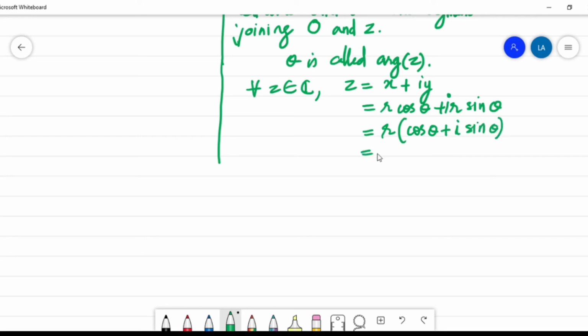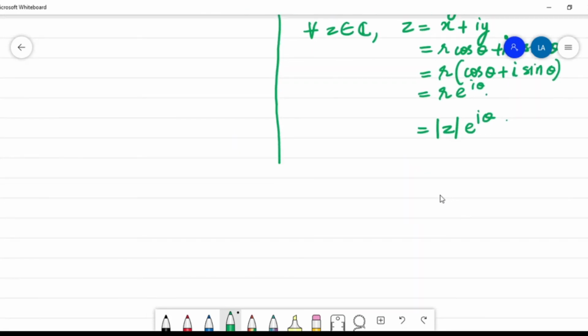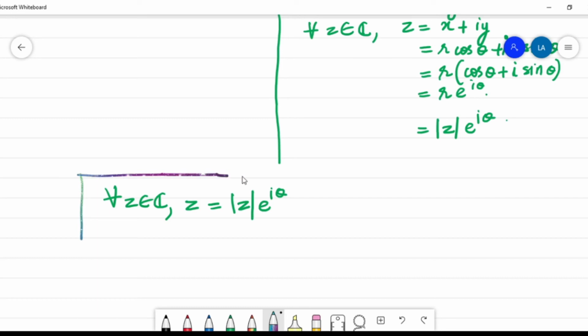But this is nothing but r into e raised to i theta, right, but r is equal to modulus of z. So this is an important property of complex numbers: for every complex number z in C, z is equal to modulus of z into e raised to i theta. Yet another good property of complex numbers connecting to the exponential function.